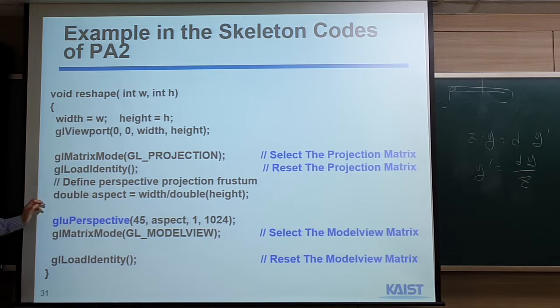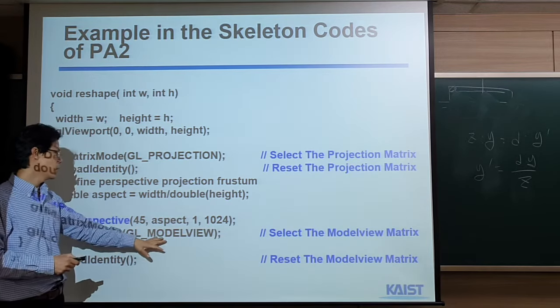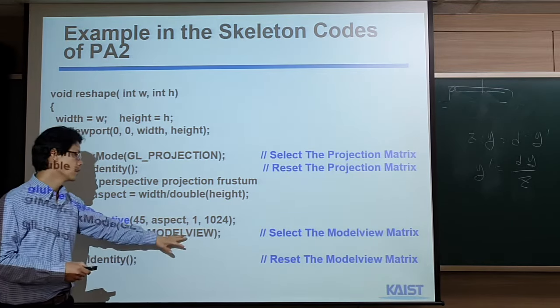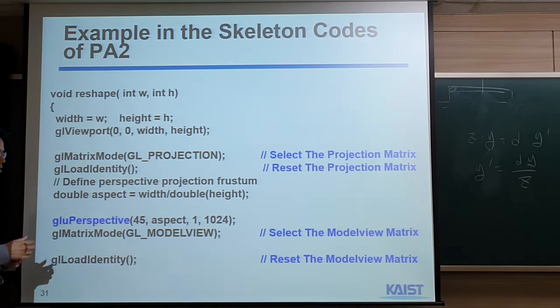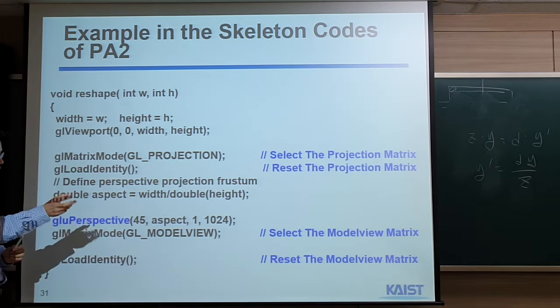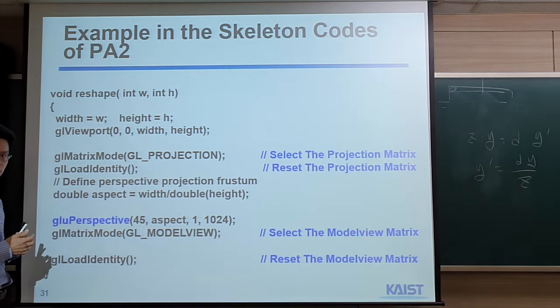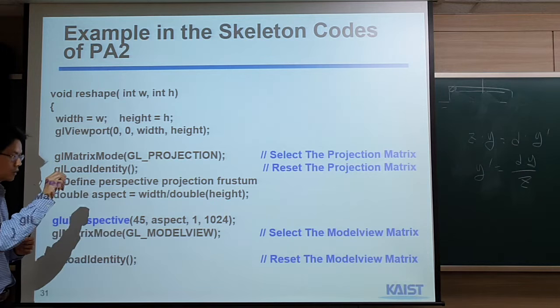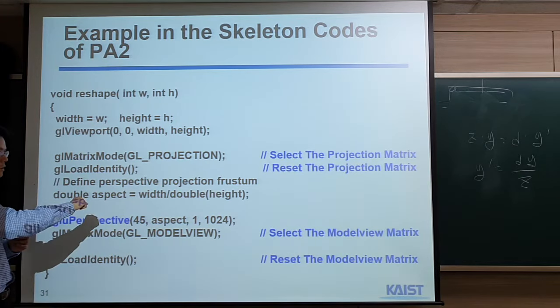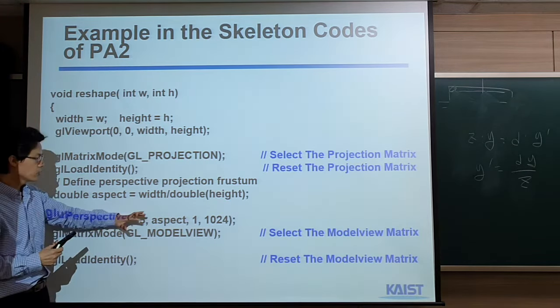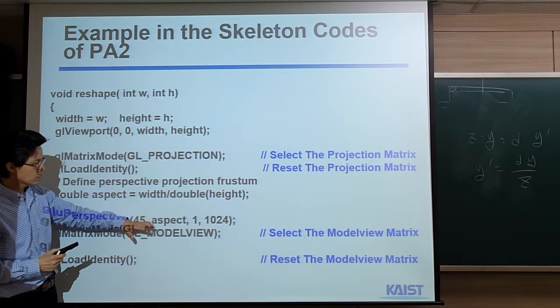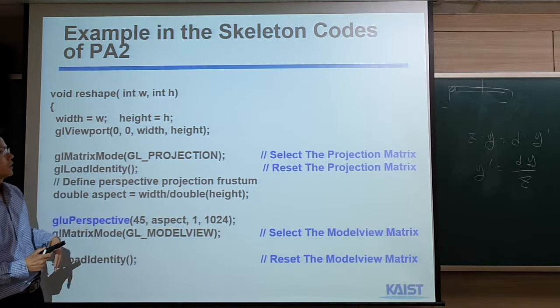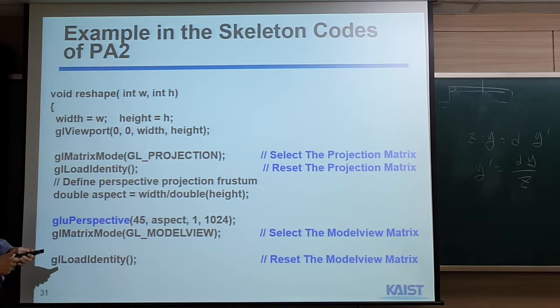And then we also define the matrix mode, this model view. Depending on the application, you can transform the model from the model to the world coordinate, right? And then once you define the coordinate in the world space, you go through this projection matrix.